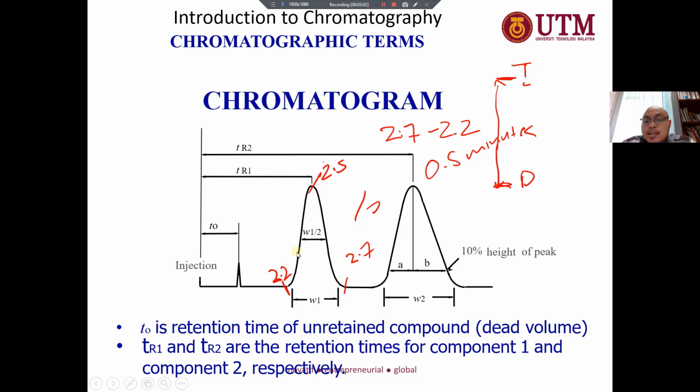Here the example is 2.7 minus 2.2, so you get 0.5 minutes for the width of the first peak. Same goes for the second peak width; you need to calculate it.